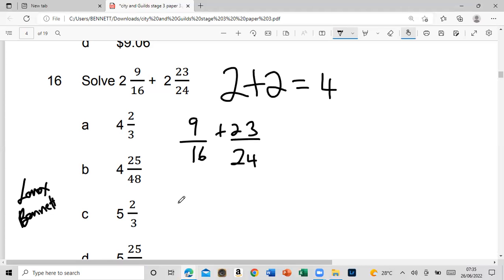So the LCM will be 48, right? 16 goes 3 times. Guys, open your timetable. 9 times 3 is 27. 24 goes 2 times, so that will give us 46. Now we add 27 and 46.